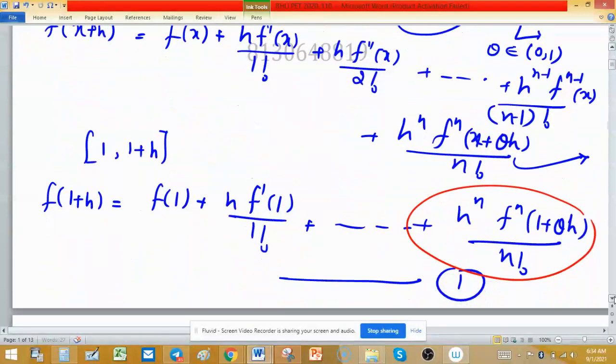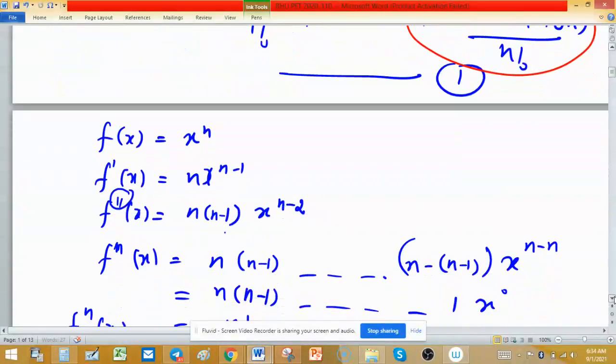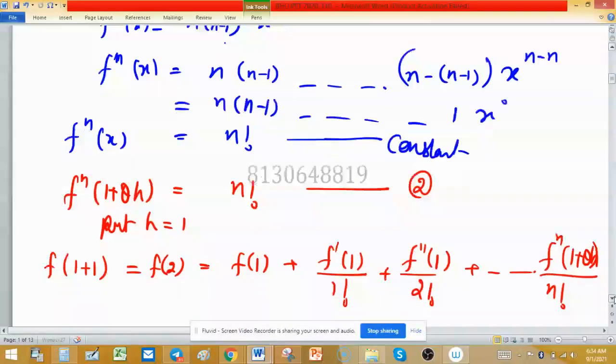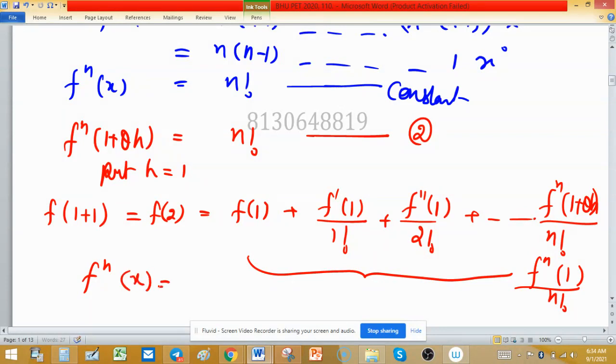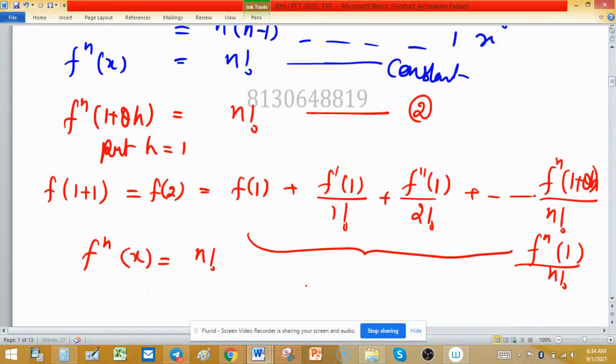All remaining terms we obtained, but the last term we have to evaluate. Since the nth derivative of the function f^(n)(x) equals n factorial, which is constant, f^(n)(1+θh) will be n factorial.